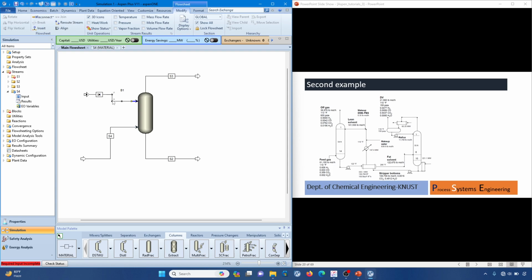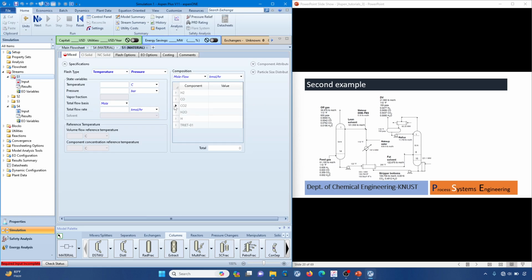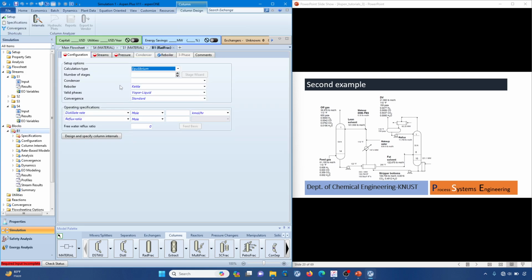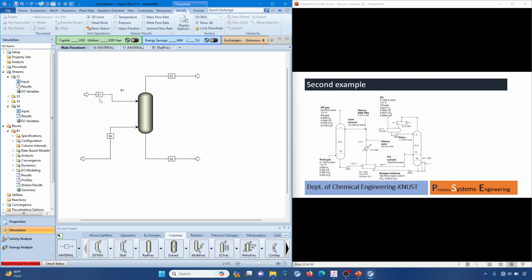And I go on to the liquid solvent specification. And that should be it for the solvent. So maybe I should label my streams, rename them nicely. Solvent.